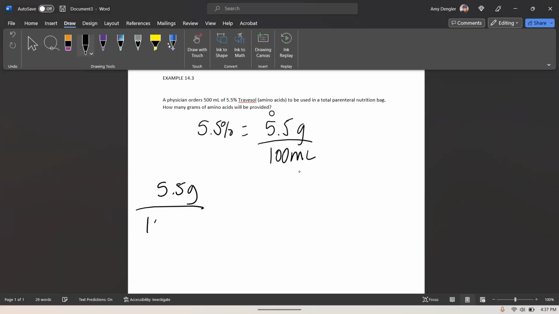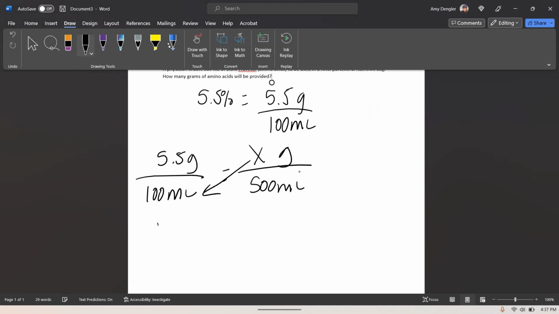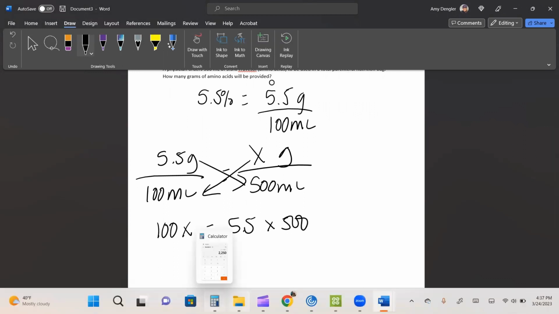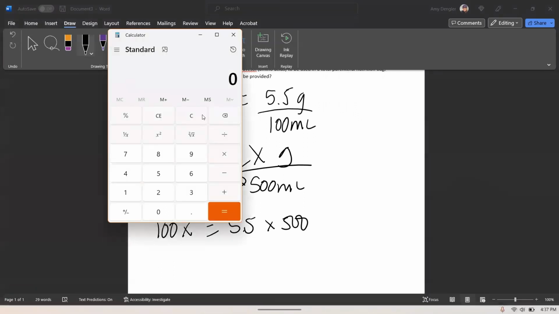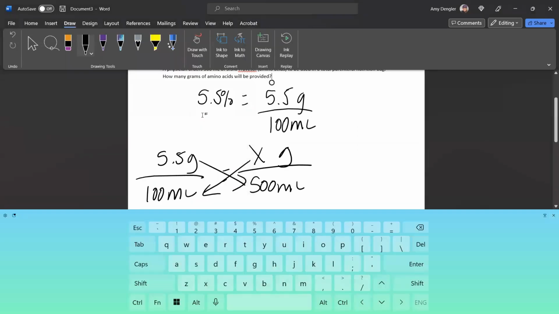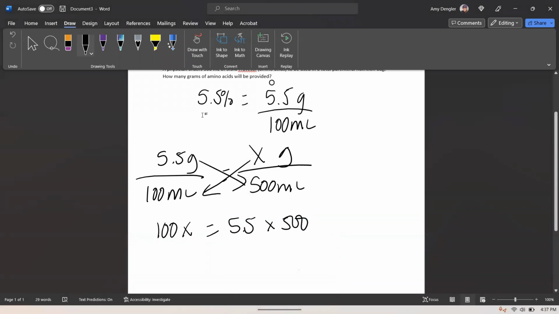And then we just simply do 5.5 grams over 100 ml, which is equal to 500 ml. And we want to know how many grams. So 100x is equal to 5.5 times 500, which is 2750.